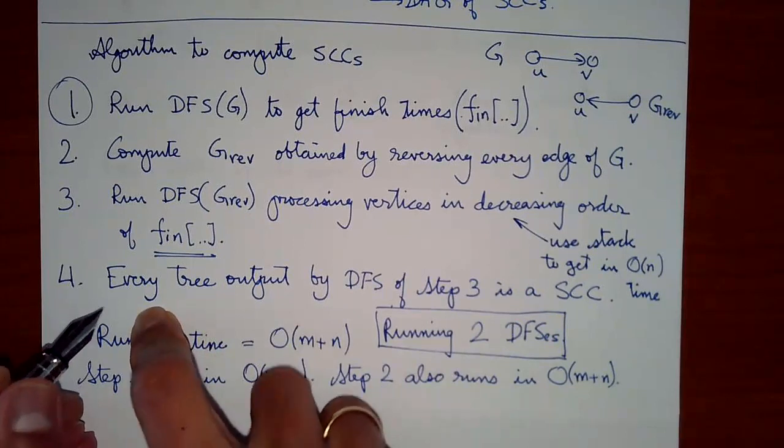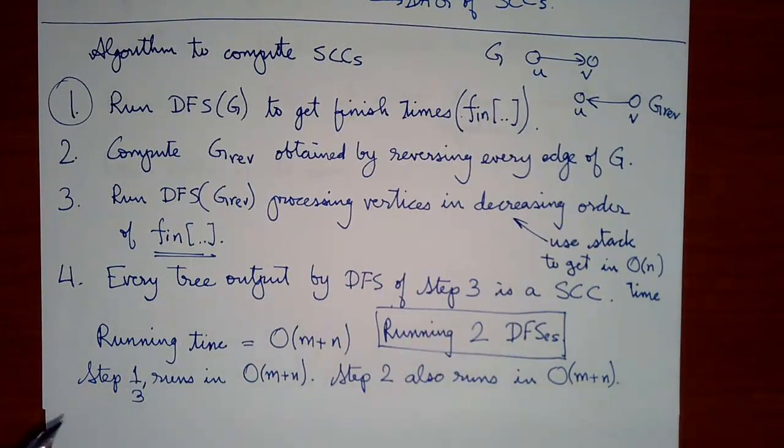So step 4 should output singletons. Is this clear? Any questions about that? So this will really help you understand what's happening in this algorithm. Let's run this on a DAG. And we know that in a DAG, the output is very simple. Every vertex is its own component.